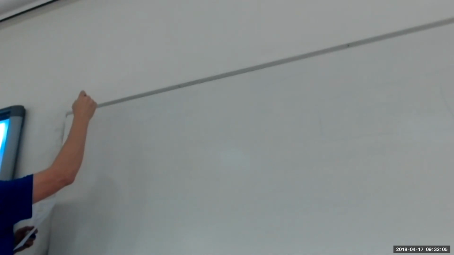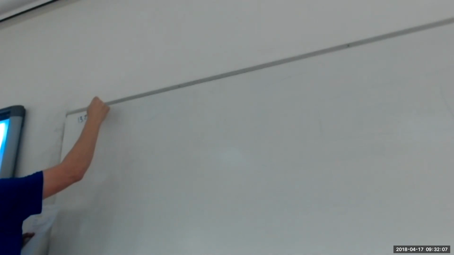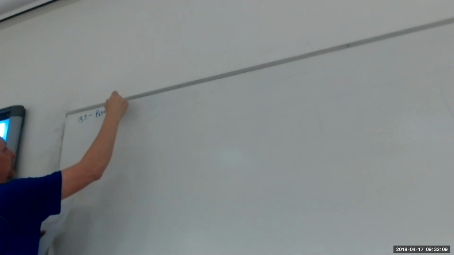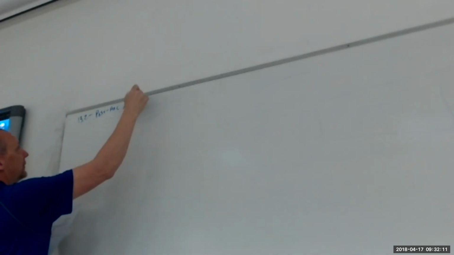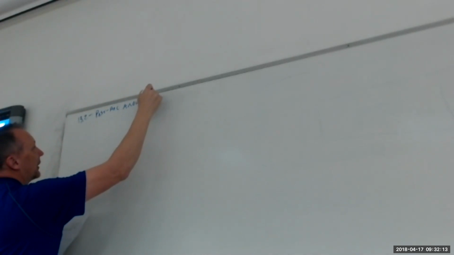But anyway. All right. So 13.2 is what we call the post-hoc ANOVA / Tukey test. So that's what we're going to do about this. This is really a continuation of yesterday's lecture.